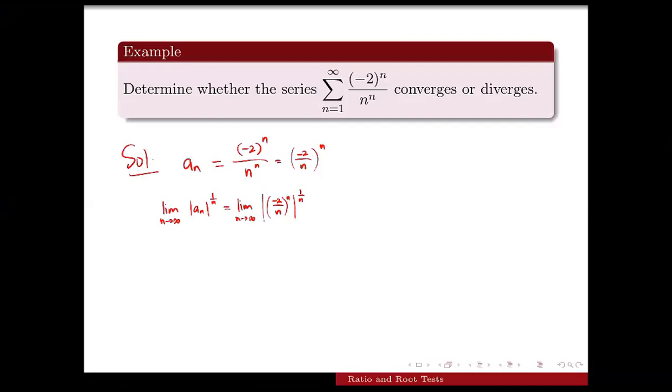So just like before, the negative will disappear because of the absolute value, but this will just become the limit as n approaches plus infinity of 2 over n. So as n approaches plus infinity, this will be 0, and this is less than 1.